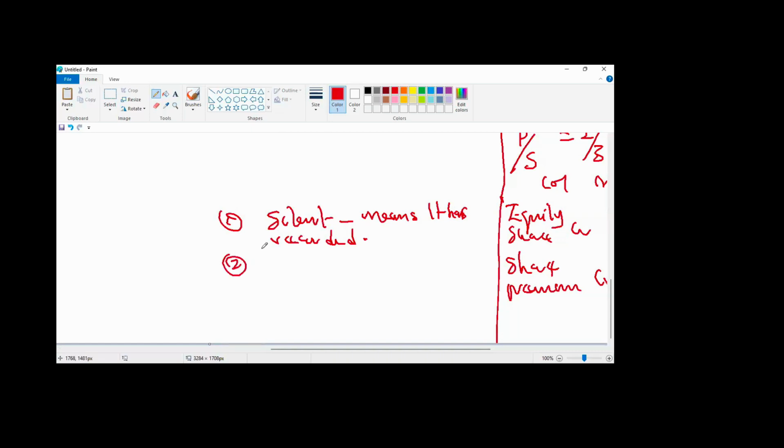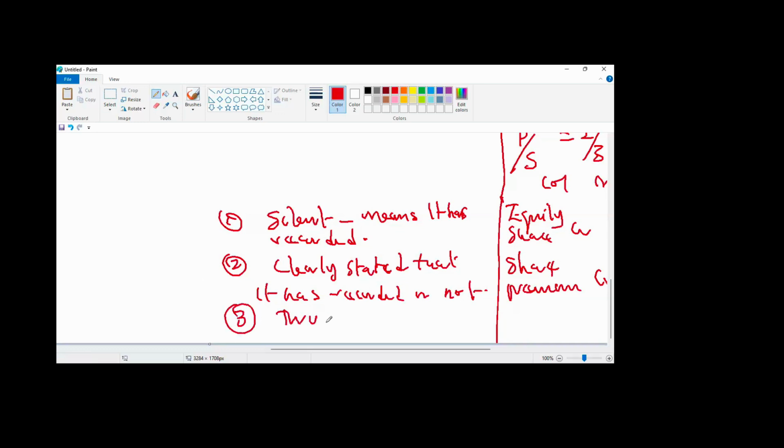Two, the question clearly states that it has been recorded or not. The question will tell you. Third one, through investigation.